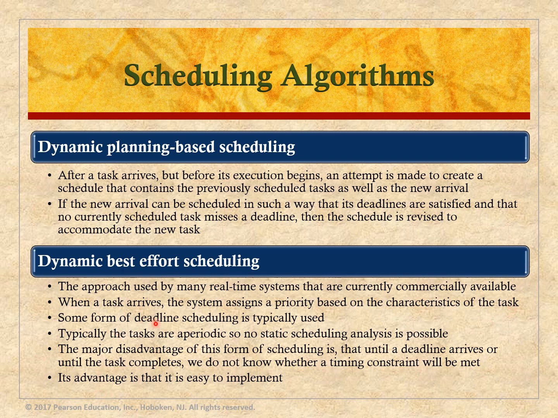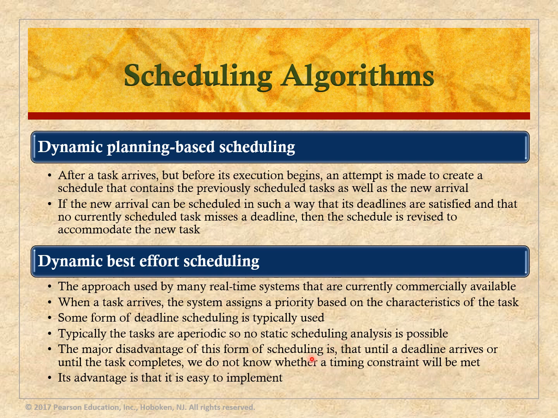Some form of deadline scheduling is typically used, so that we know by what time the task must be completed. Typically the tasks are aperiodic, so no static scheduling analysis is possible. It must be dynamic.